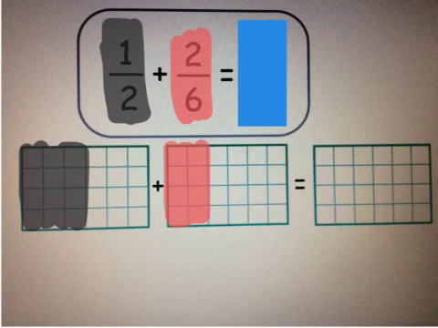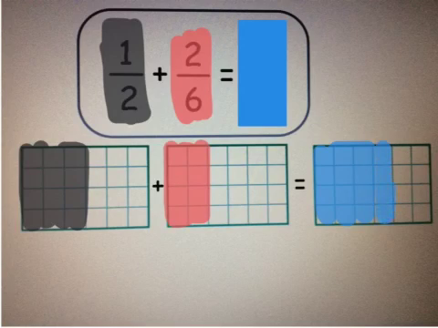So now I need to combine my 1/2 and my 2/6 together. So I have a new 4x6 rectangle, and I'm going to put 1/2 on it. It is the same size as the 1/2 that I had. And now I'm going to put 2/6 on it. And now I need to figure out what my answer is.